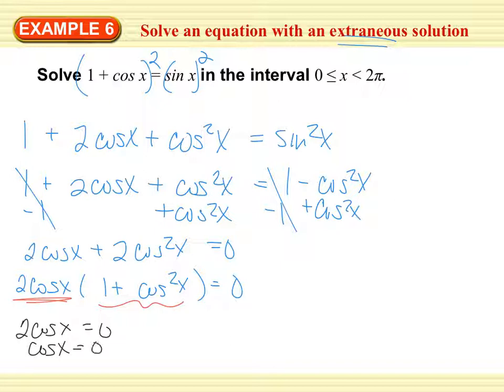So cosine x equals 0. And if I do the inverse of cosine 0, I get x equals pi over 2, which is well in that range. So I can also do 3 pi over 2.